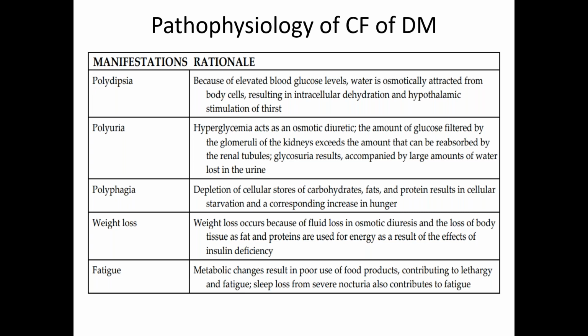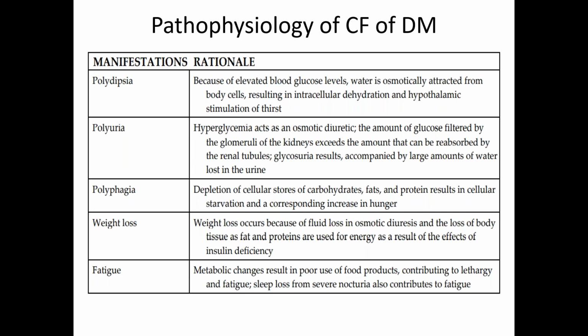So glycosuria is associated with large volumes of water excretion in the urine. Glucose is filtered by the glomeruli of the kidney. If it exceeds the amount that can be reabsorbed by the renal tubules, that is the renal threshold, glycosuria occurs, and this is accompanied by large amounts of water lost in the urine. This is also because of osmotic reasons, and that is polyuria.